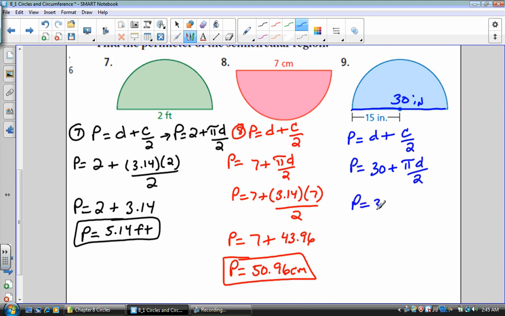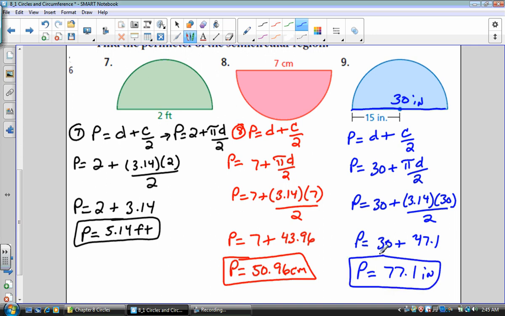Perimeter is going to be equal to 30 plus 3.14 times 30 divided by 2. That's going to be 47.1. So the perimeter, when we add that together, is going to be 77.1, and they would be inches.